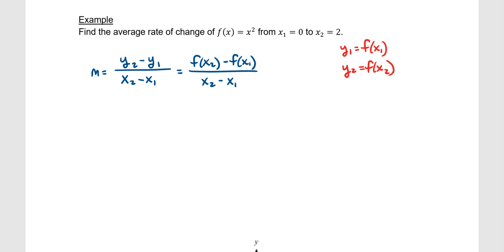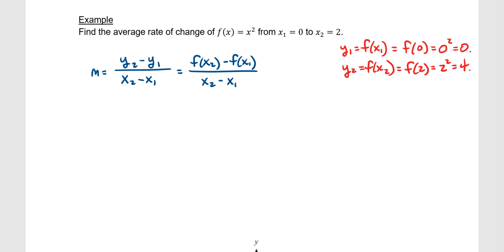For f of x1, we plug x1, which is 0, into our function. So it's f of 0, which is 0 squared, which is just 0. Now for f of x2, that's f of 2, which is 2 squared, which is 4.